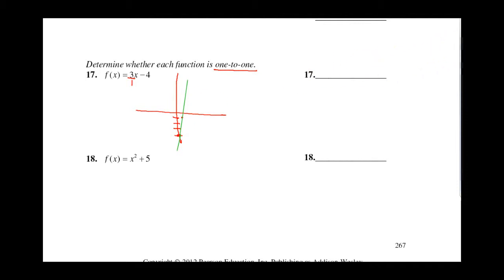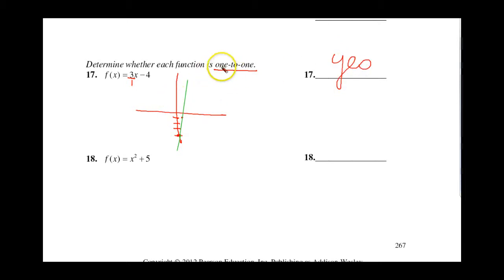And first of all, is this a function? Yes, that is a function. Secondly, does it pass the horizontal line test? That is drawing that line. It's only intersecting in one place. So it does. So this is a yes.